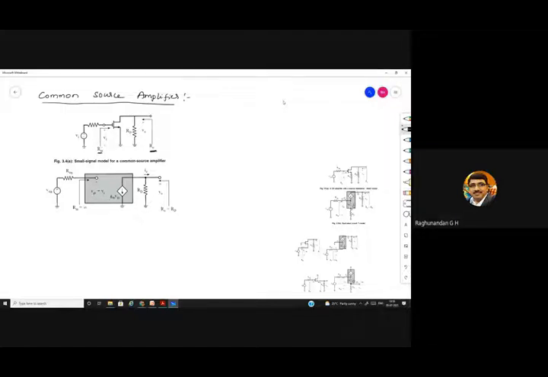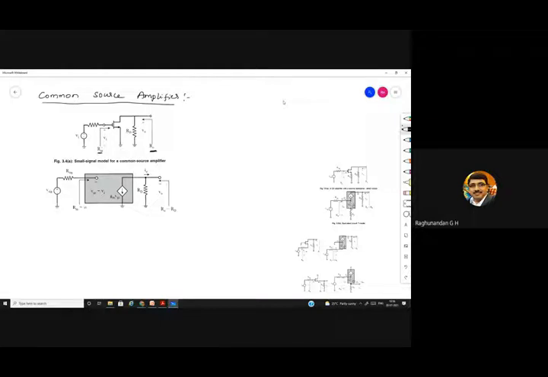So this is the common source amplifier circuit, a simple amplifier circuit we have taken. Similar to BJT, where we discussed fixed bias, emitter stabilized bias, collector to base bias, and voltage divider bias, in the same way the common source amplifier also has the same kind of biasing techniques.